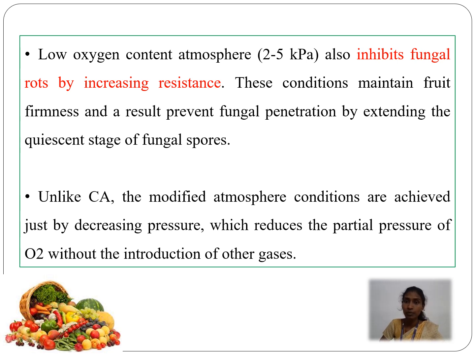So these conditions maintain your fruit firm and fresh, resulting in the prevention of fungal penetration by extending the quiescent stage of fungal spores. So unlike CA, that is controlled atmosphere, the MAP, that is modified atmosphere, is achieved by decreasing the pressure, which reduces the partial pressure of O2 without the introduction of any other gases.